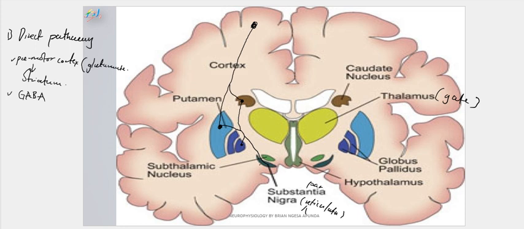The excitation will be reduced, and when they are reduced, we'll say that both globus pallidus internus and substantia nigra reticulata are inhibited, and when they are inhibited, it means that their effect on the thalamus will also reduce. So their effect on the thalamus will reduce.